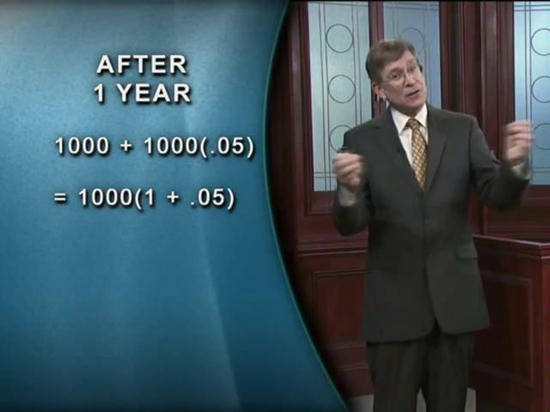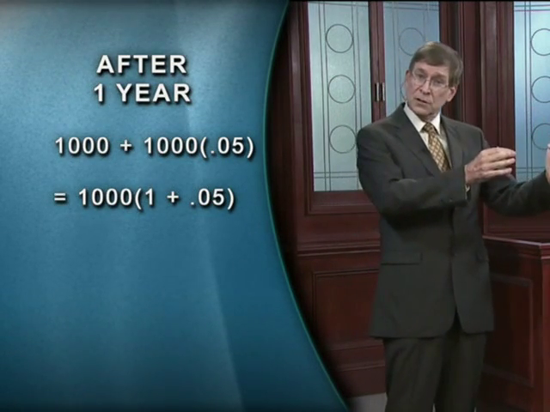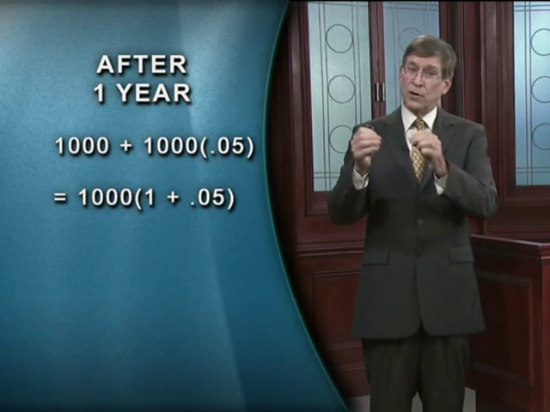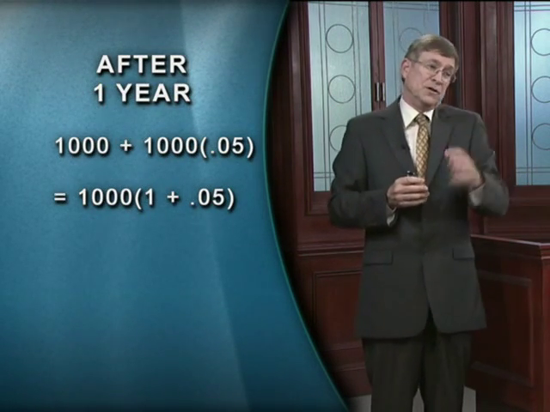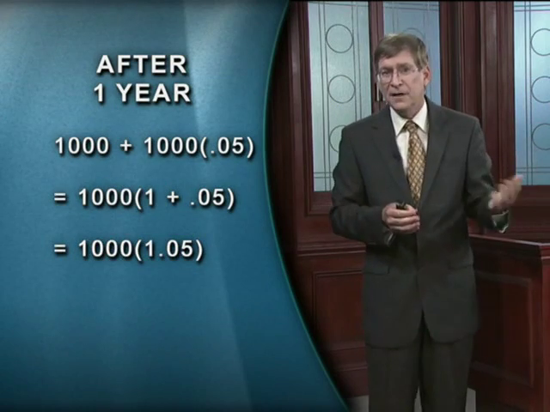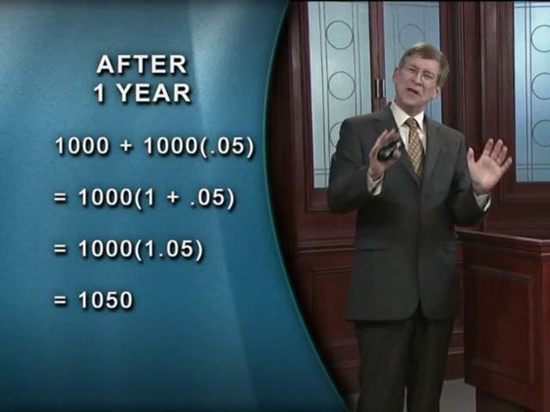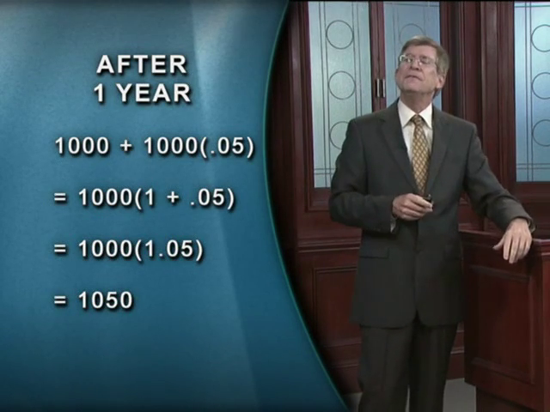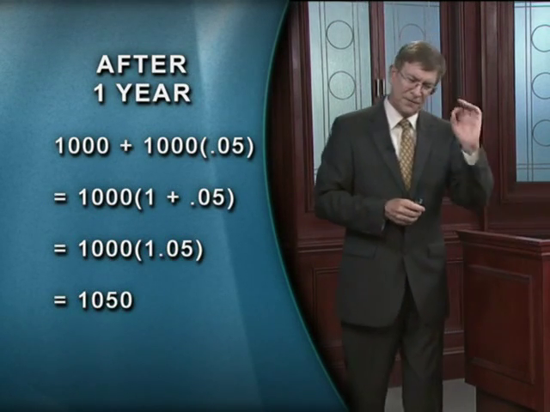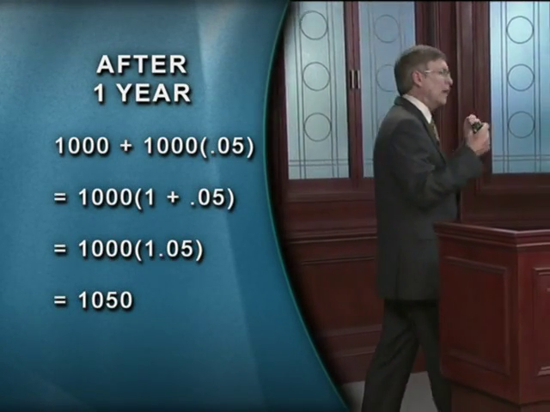And here I've factored out the 1,000 and left it as 1 plus 0.05, which can be written as 1.05, or $1,050. So in a nutshell, after 1 year, I've earned $50 interest at 5% on my $1,000 deposit.